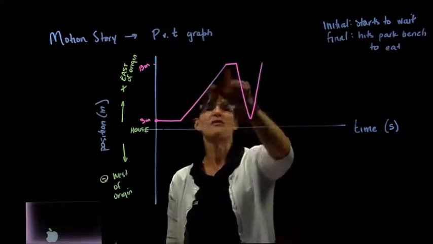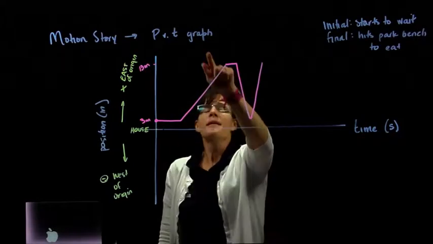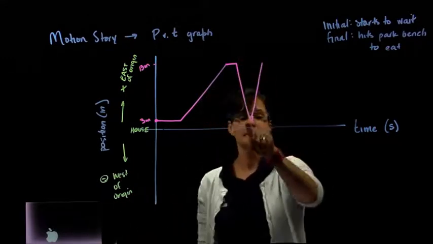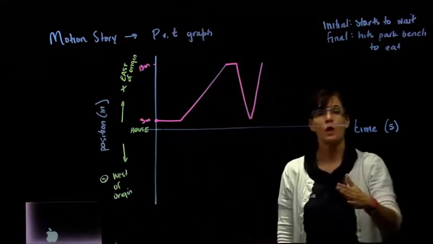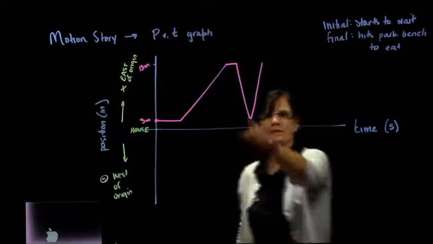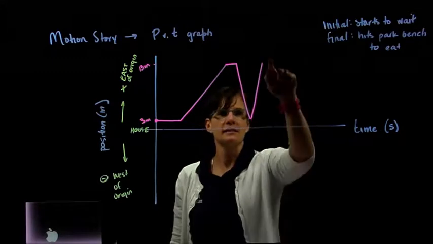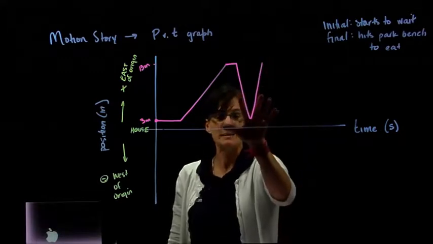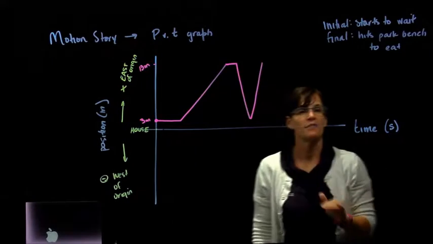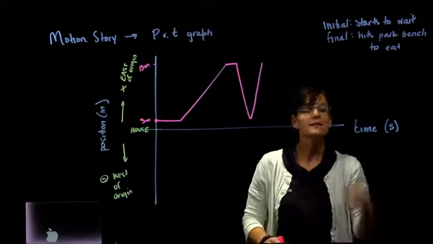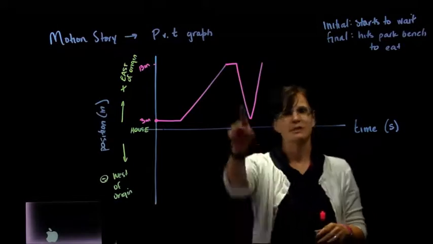That location is further from his house. Then he realizes he needs to go back to the original location, so he moves in the opposite direction, represented by that negative slope. Goes very fast, so the steepness is different. Instantly grabs it, turns around, and these two steepnesses need to be the same if he's traveling the same rate. But one's positive because he's moving more east, and one's negative when he's moving to the left.